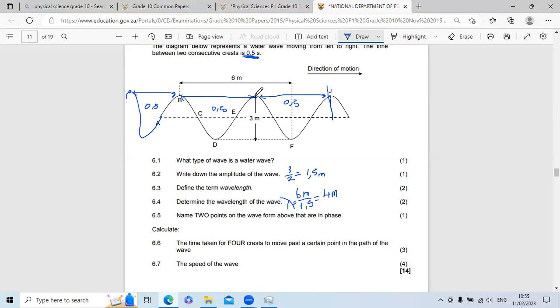So you're just going to add this all together, and it's going to give you 1.5 seconds. Do you understand it?